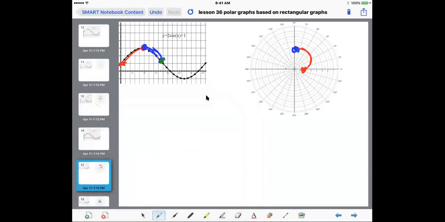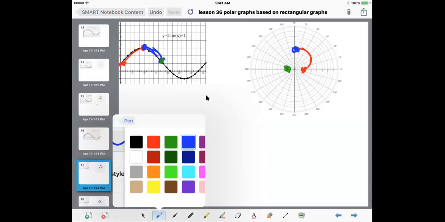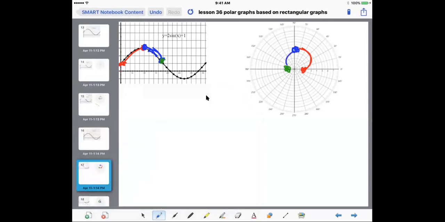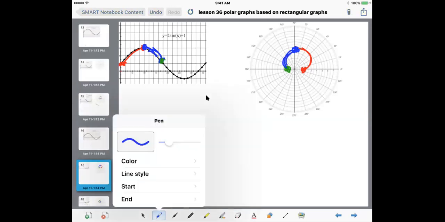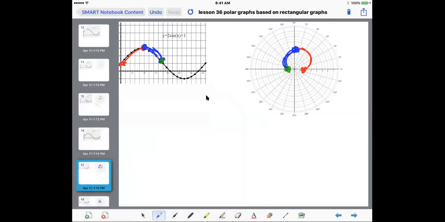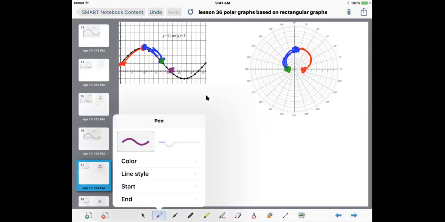So that green point is over here. And the blue is spiraling inward. But now, how many colors can I choose from? Okay, I'll go with this purple. So I'm going to have the green line go up until it hits the x-intercept. So that green line goes like that.